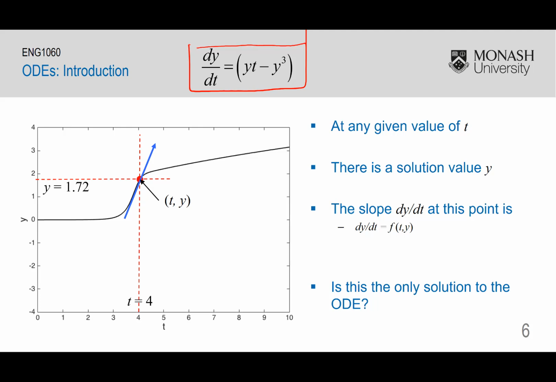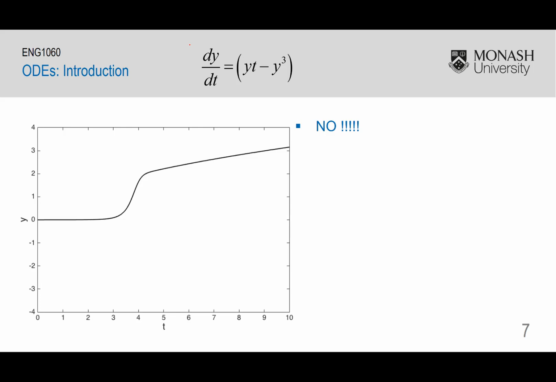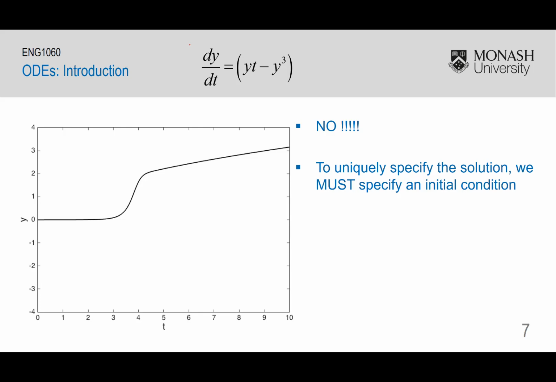One very important question to ask is: is this black line solution the only solution we have to this ordinary differential equation? The answer is most definitively no. In order to uniquely specify the solution to this first order equation, we must specify what is called an initial condition.